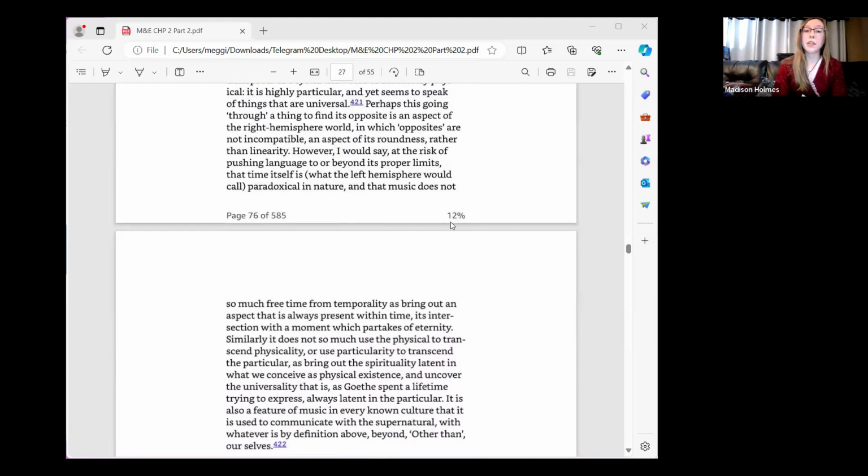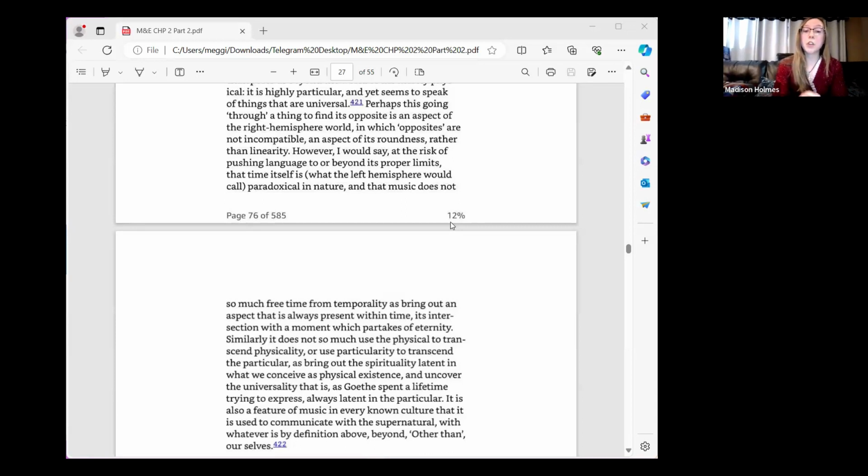However, I would say, at the risk of pushing language to or beyond its proper limits, that time itself is what the left hemisphere would call paradoxical in nature, and that music does not so much free time from temporality as brings out an aspect that is always present within time, its intersection with a moment which partakes of eternity.